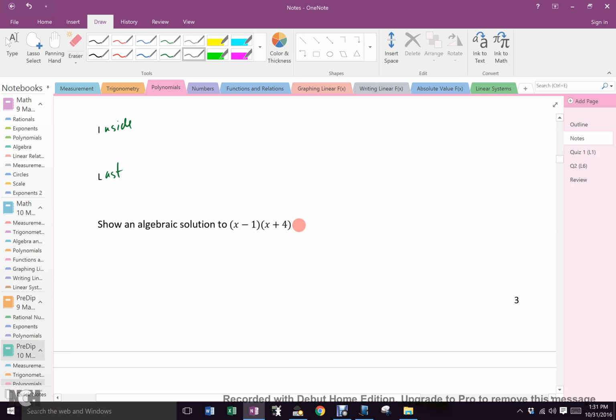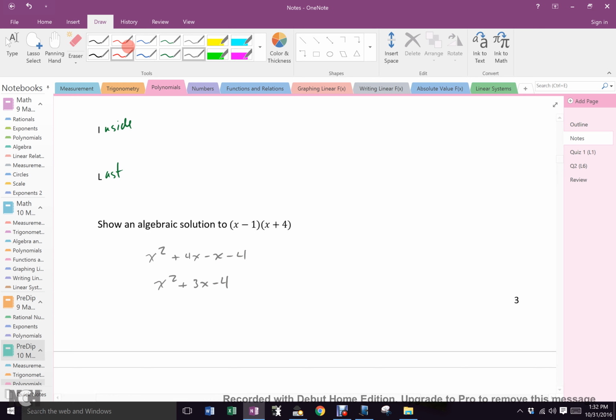Now, I'm going to do something here that maybe your teacher didn't do in the past. You probably don't even need me to do it, but it's useful as we go further along. Hopefully, many of your teachers showed you that when they wrote it out, they probably wrote it one of two ways. They either went x squared plus 4x minus x minus 4, and then told you to collect your like terms, plus 3x minus 4, right?